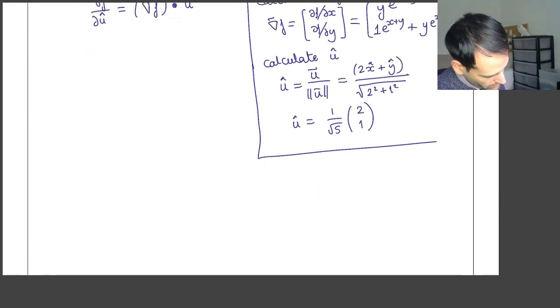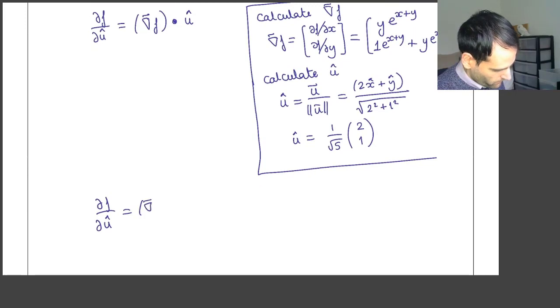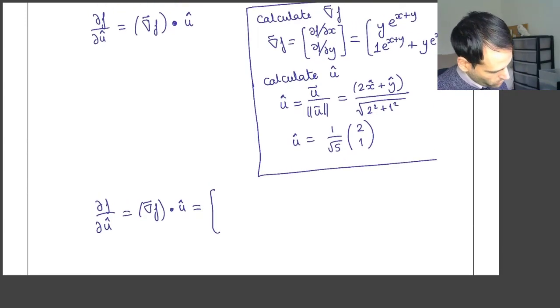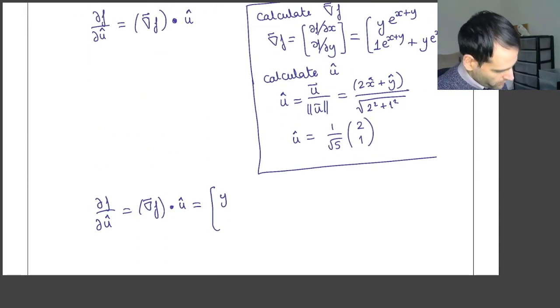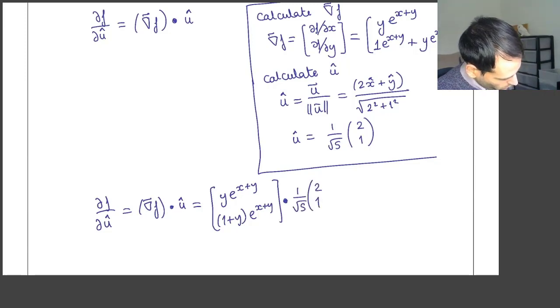So now to calculate the directional derivative of f with respect to u hat, this is equal to the gradient of f dot u hat, which is equal to this function, y times the exponential of x plus y and 1 plus y times the exponential of x plus y, dot product u hat, which we have above, which is 1 over square root of 5 times 2, 1.